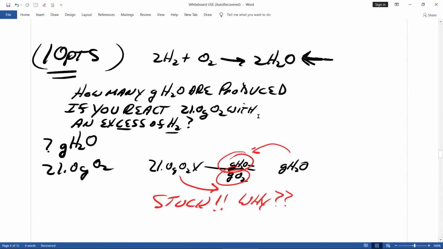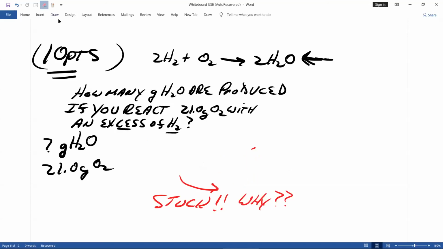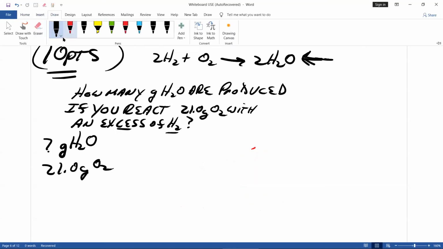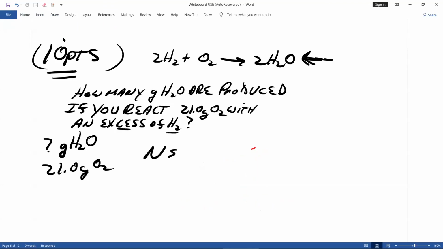So let's clean this up a little, because you can't do this, can't do that, because there's no ratio. All right, so you need 3 steps.